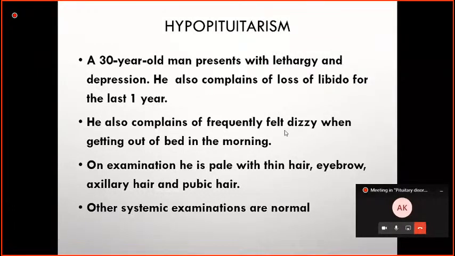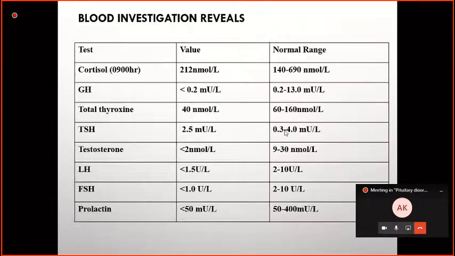A 30-year-old man presents with lethargy and depression, and also complains of loss of libido for the last 1 year. He also complains of frequent dizziness when getting out of bed in the morning. On examination, he is pale with thin hair and thin eyebrow, axillary hair and pubic hair, and other systemic examinations are normal.